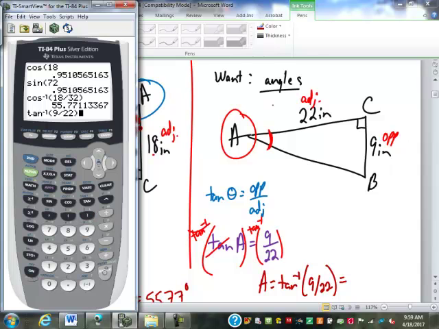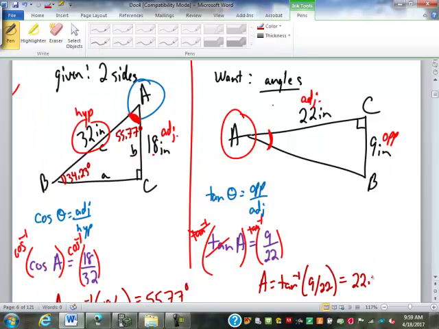Make sure you close the parentheses again. 22.25. So 22.25 degrees, which makes this one 67.75 degrees. Yay or nay? See? Close enough.